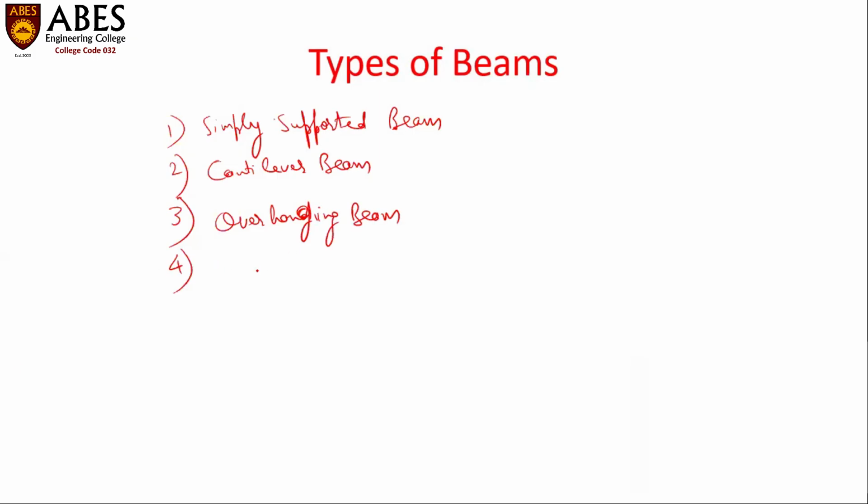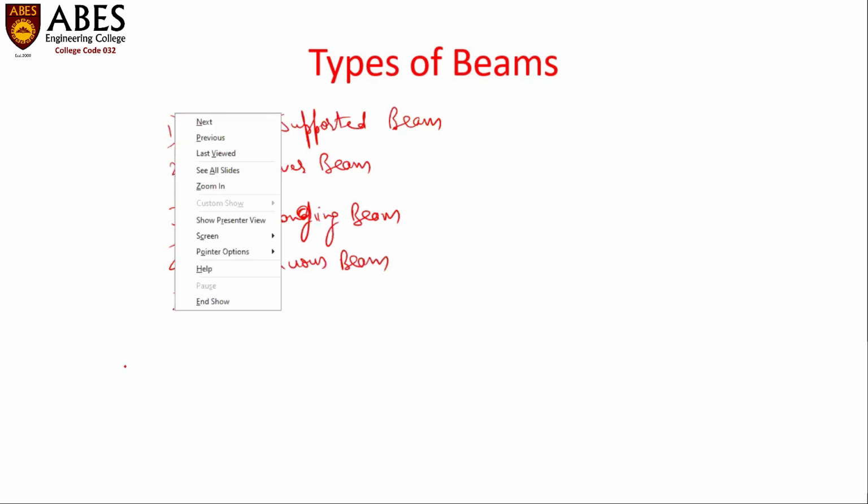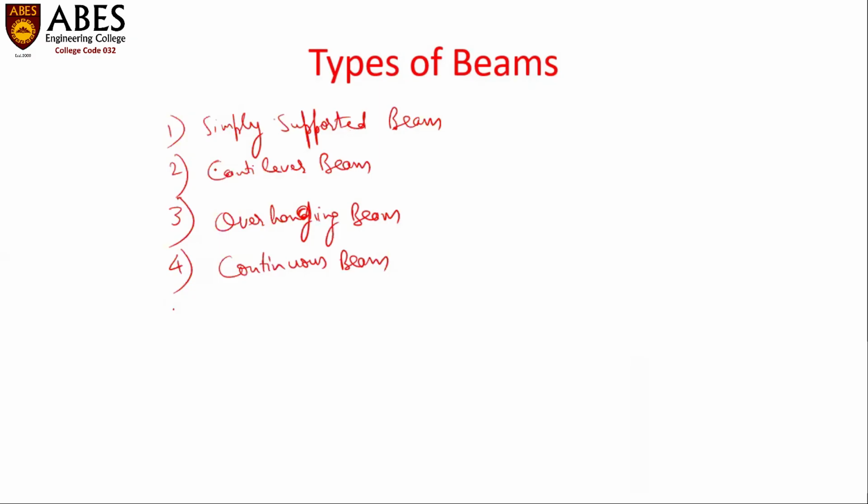Fourth one is continuous beam. And simply supported beam, cantilever beam, overhanging beam, which are basically of two types, one side overhanging or two side overhanging.